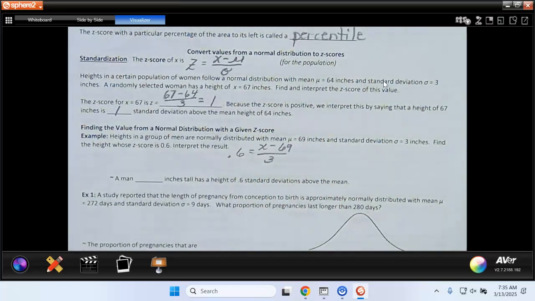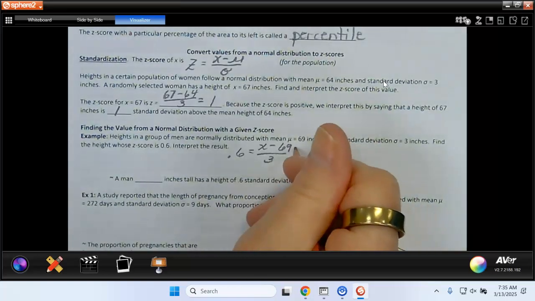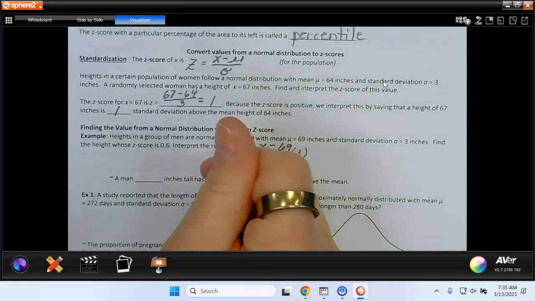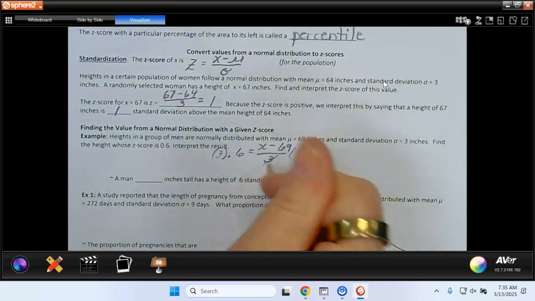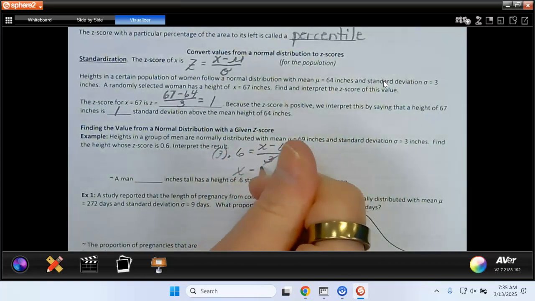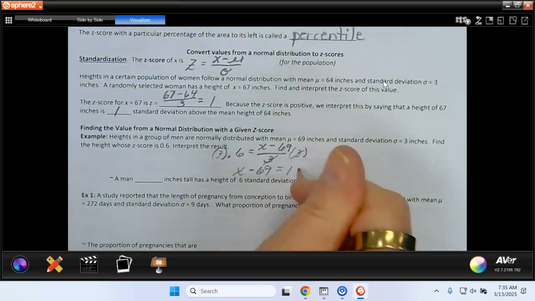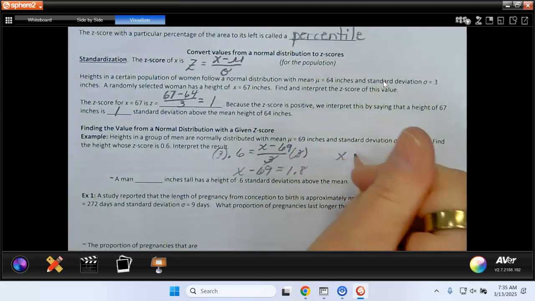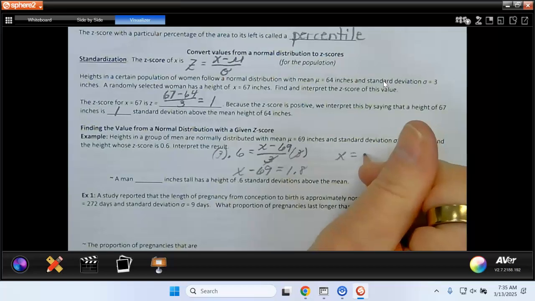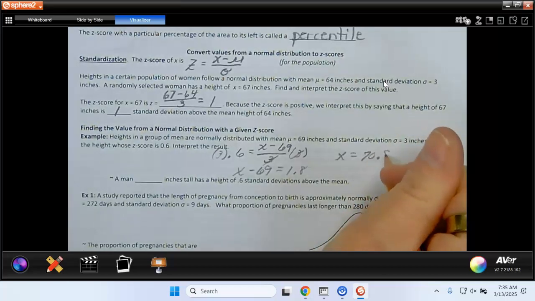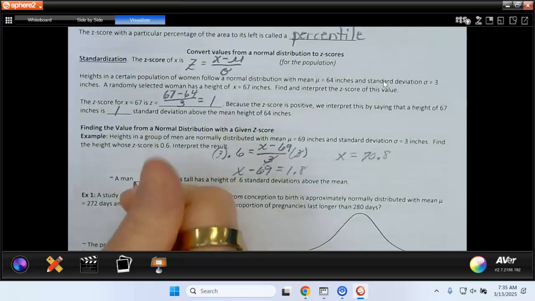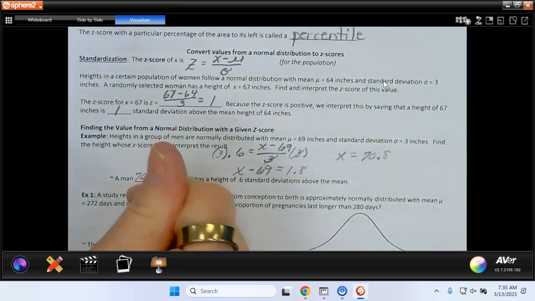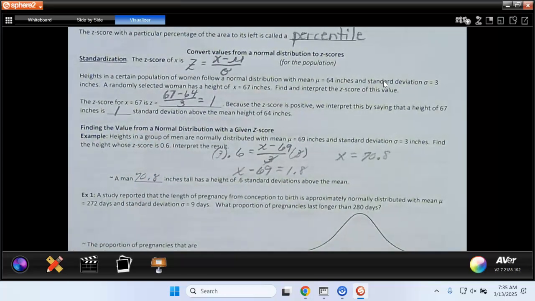Then you do a little bit of algebra magic and solve for x. You end up with x equals 70.8. So a man 70.8 inches tall has a height of 0.6 standard deviations above the mean.